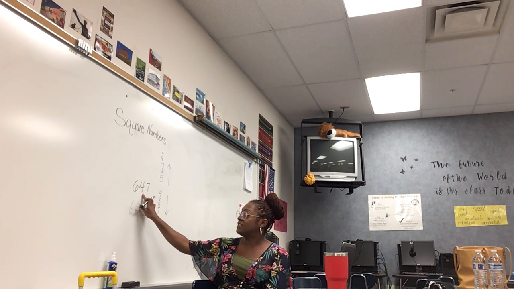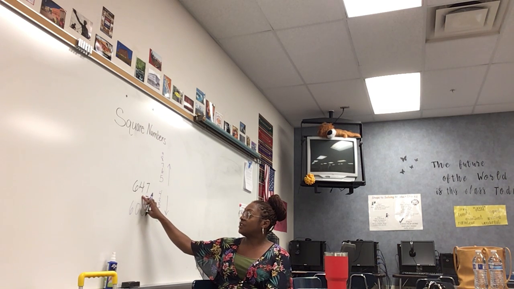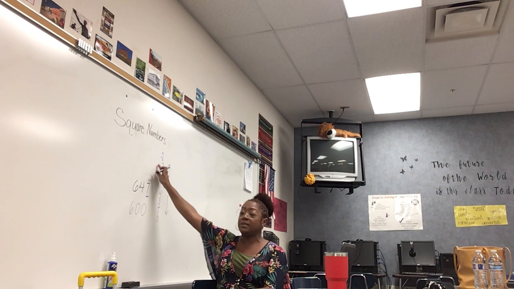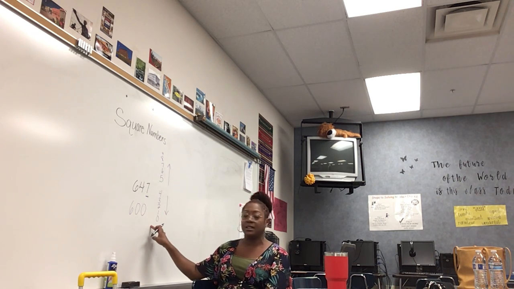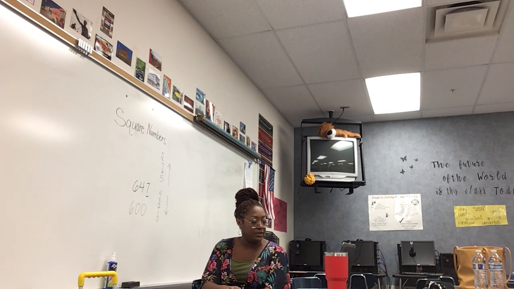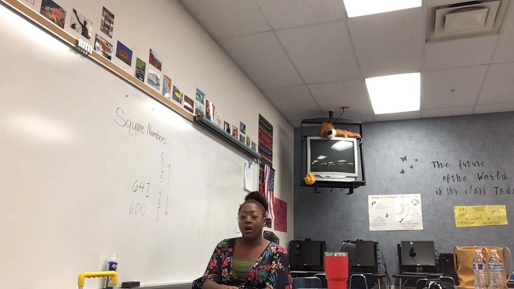Now, Guadalupe, I'm going to have you round to the nearest 10. So instead of looking at this 4, we're going to look at this 7. Is our 4 going to round up to the next 10 or down to the next 10? Is it going to stay in this tens place or is it going to go up to 5? Up. So what would our whole number be? 600.